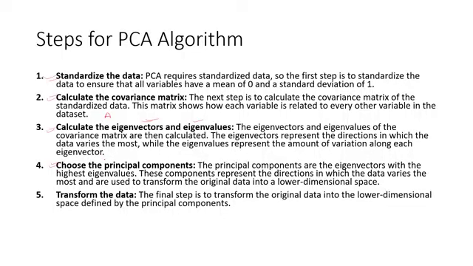If the eigenvalue states that principal component 1 is capturing 50%, and my target is 80%, then based on the eigenvalues, I can decide how many principal components would be required to cover 80% of the variance.